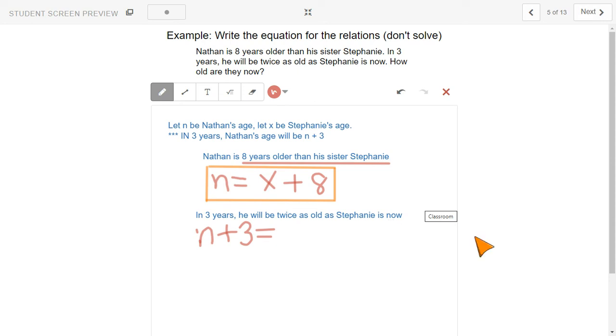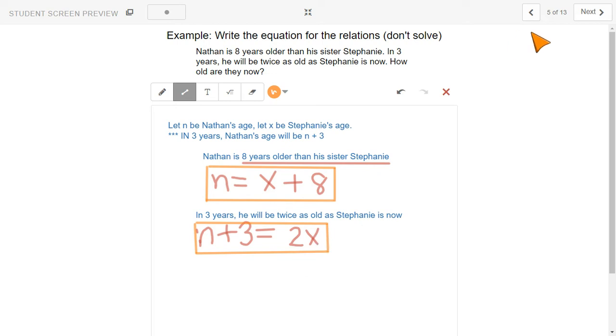Twice as old as Stephanie is now. I'm going to take Stephanie's age right now and multiply it by 2. We have our two equations. And really, the hardest part of these word problems is taking the words and translating it into math.